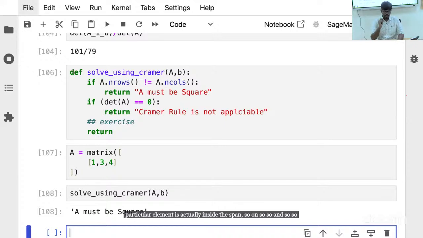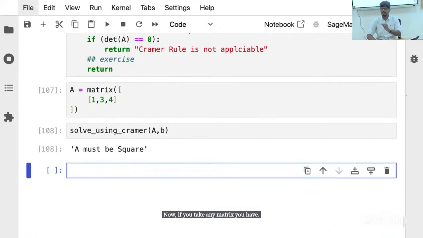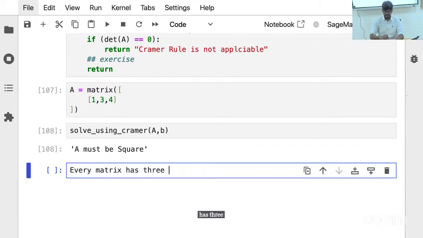Now, if you take any matrix you have, then that matrix has 3 subspaces attached to that. Can anyone tell me that? For every matrix, there are 3 subspaces attached to that.